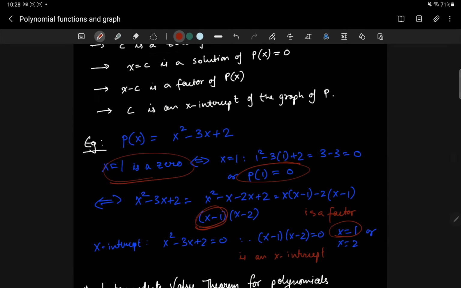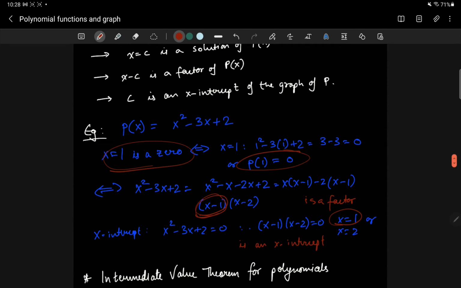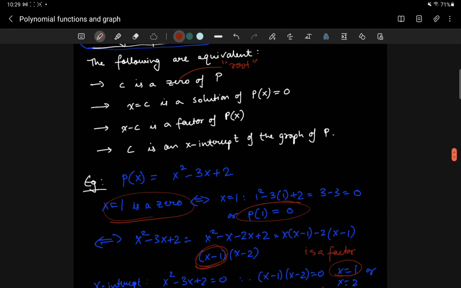And lastly, that number c is also one of the x-intercepts for the polynomial. Now, this is an important idea because it comes back to factoring and why factoring is important. Factoring helps us understand a lot of the properties of a polynomial.